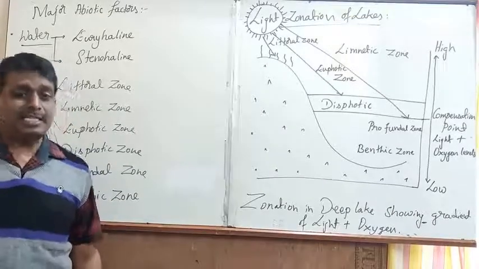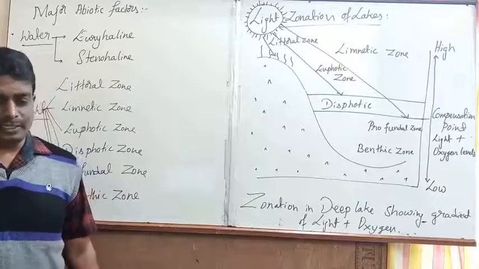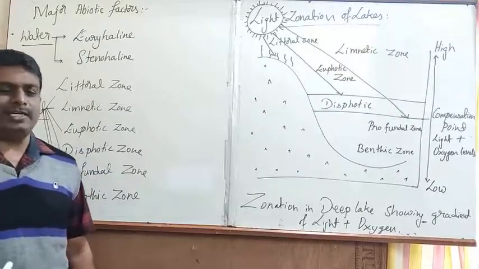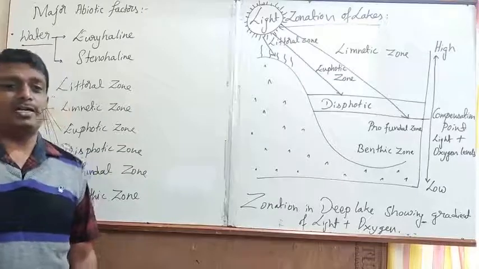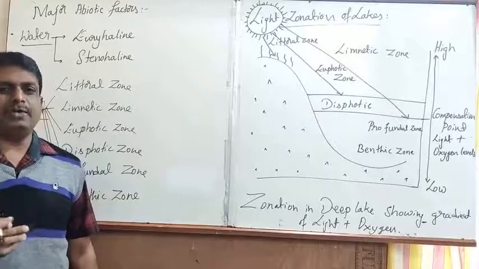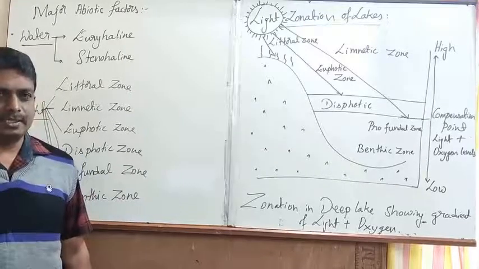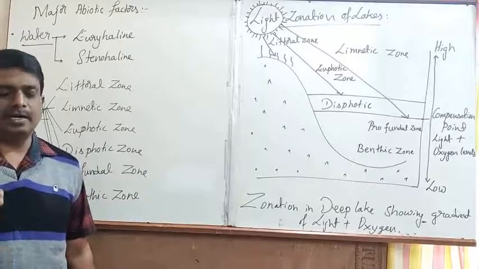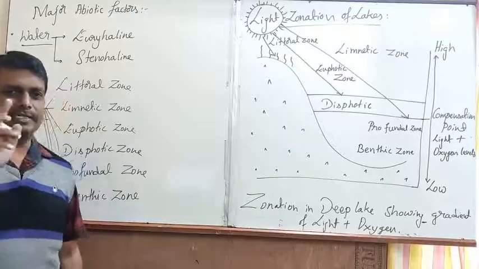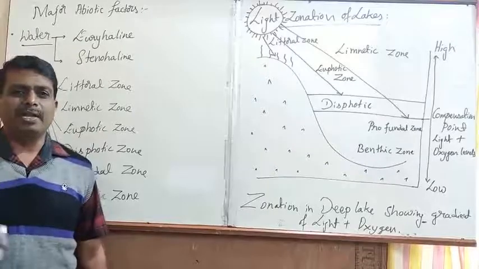Salinity is taken into consideration in order to classify water into two important types, namely fresh water and marine water. Only 1% of the water is fresh water. The remaining 99% of the water exists in the form of marine water.